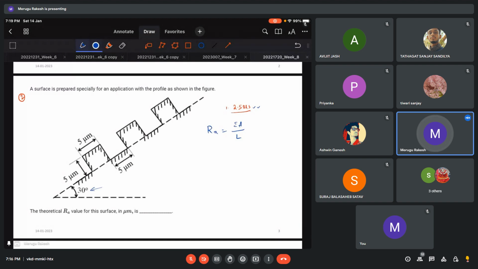Here the pattern is repeating, so you can take only this much and do the same procedure as discussed earlier. The total area above will be 5 into 5, and the denominator is the total length, that is 5 plus 5. This will be in micron square divided by micron, so you get micrometer.